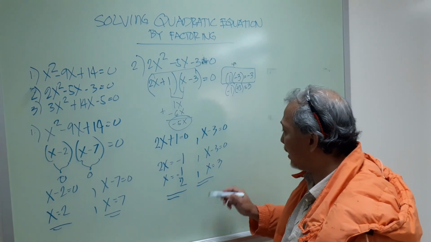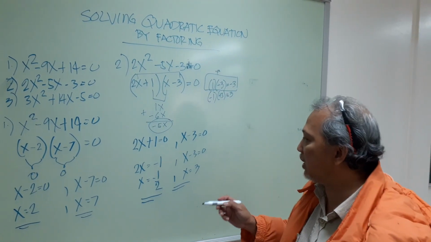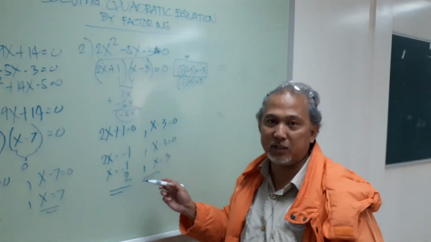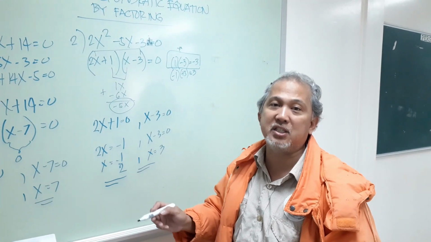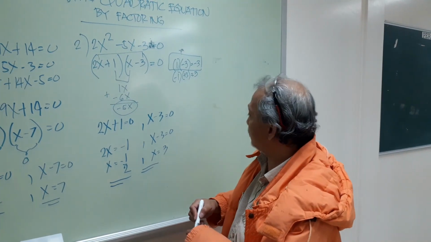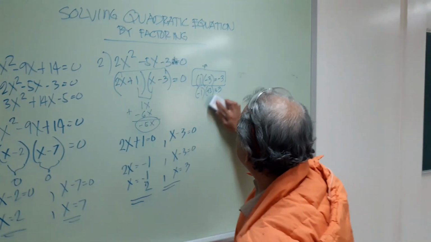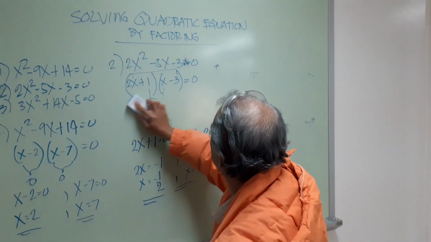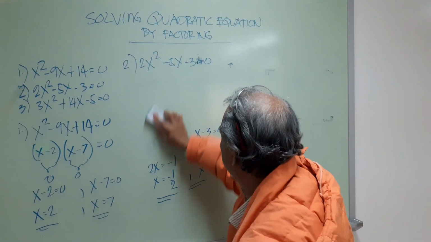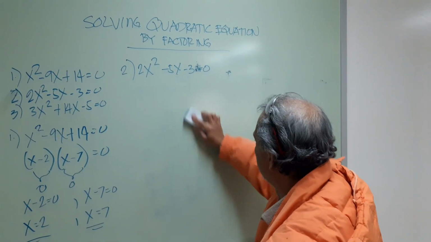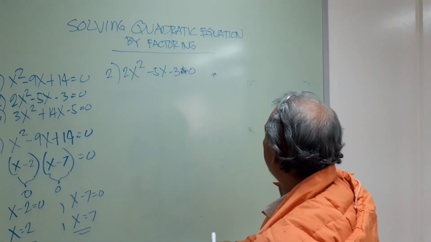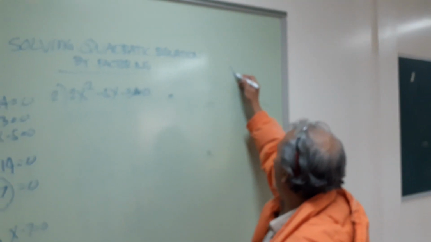Now, let's try another method: the magic X method or the X method, which is easier to use. So let's put a big X on the board.